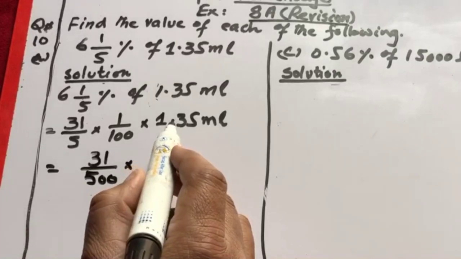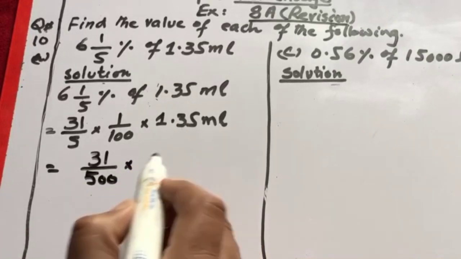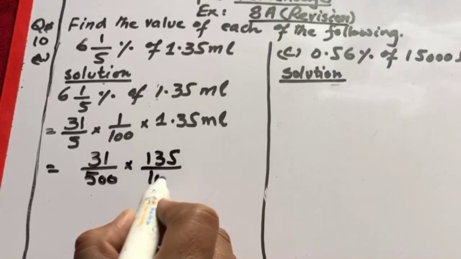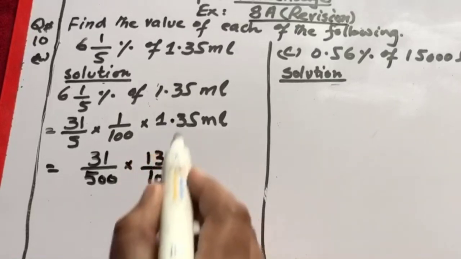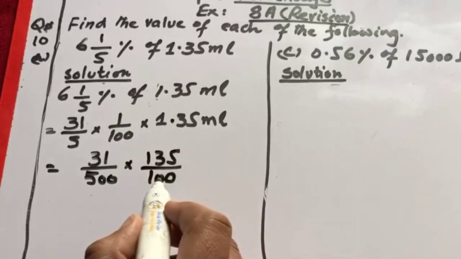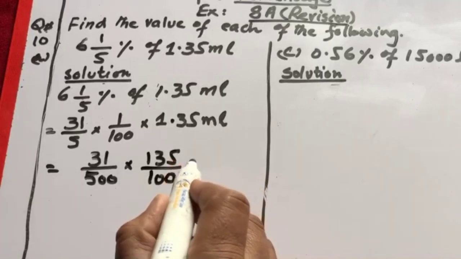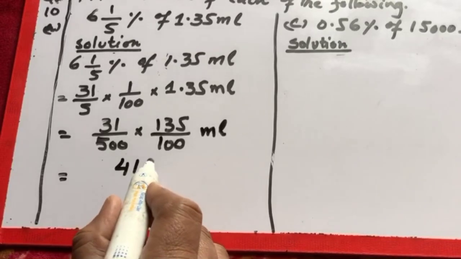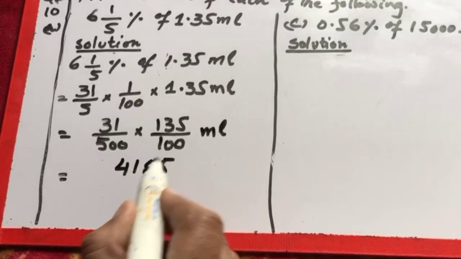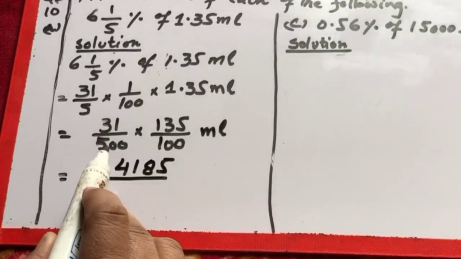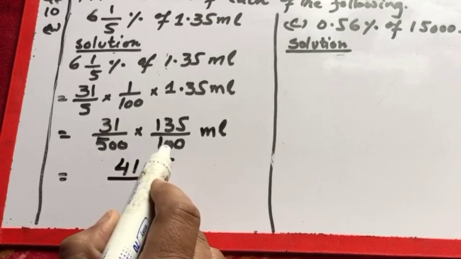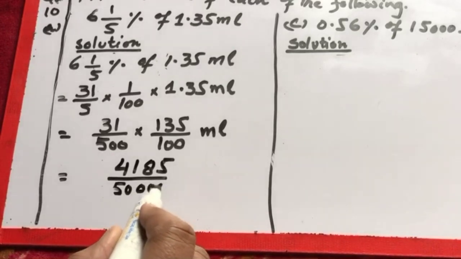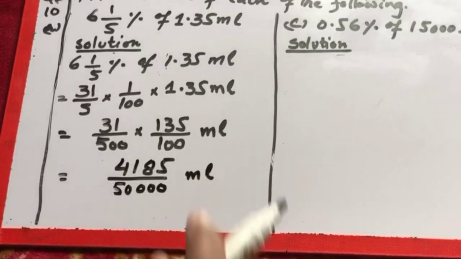And now we will convert the decimal number into fractional form, so it becomes 135 over 100. So the point will be replaced by 1, and after the point there are 2 digits, so we'll place 2 zeros, and the unit is milliliter. We will have 4185. Now if we multiply the denominators 500 and 100, then we will have 50,000 milliliter.